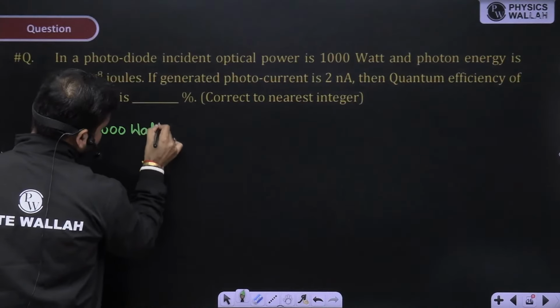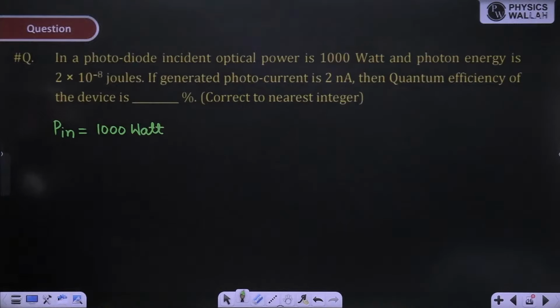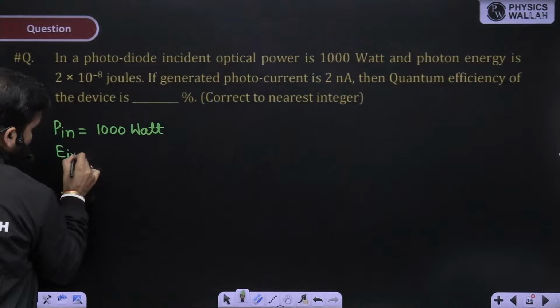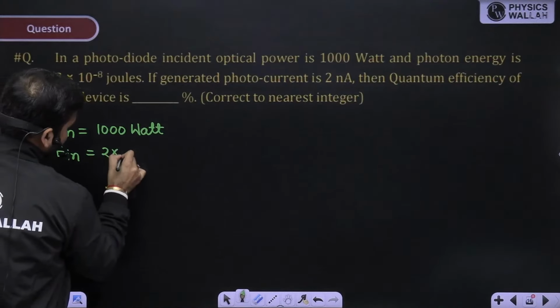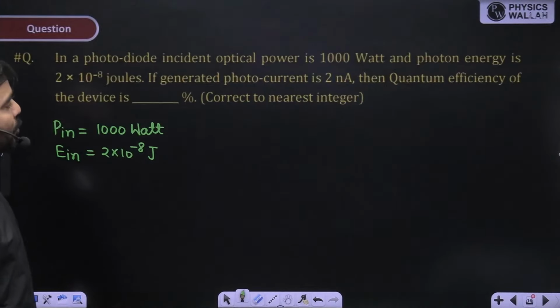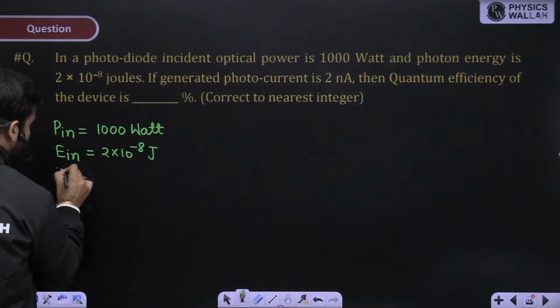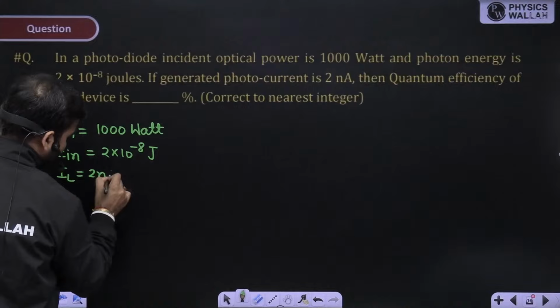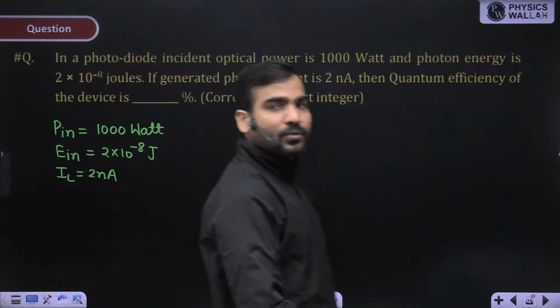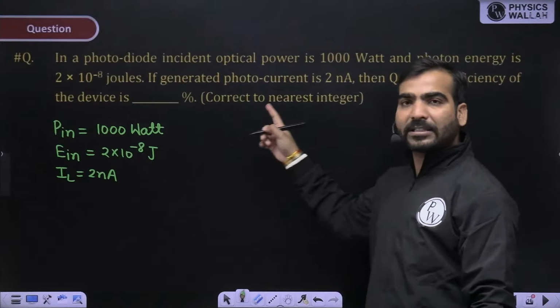And photon energy, what is the energy of the incident photon? That is 2 into 10 to the power minus 8 joules. If the generated photocurrent IL is 2 nanoampere, the quantum efficiency of the device is nearest to the integer, correct to the nearest integer.